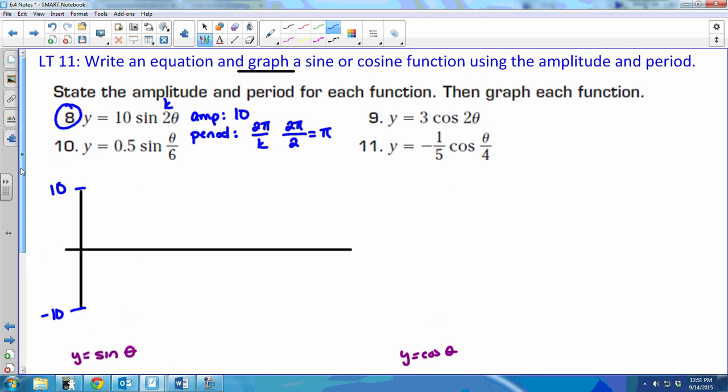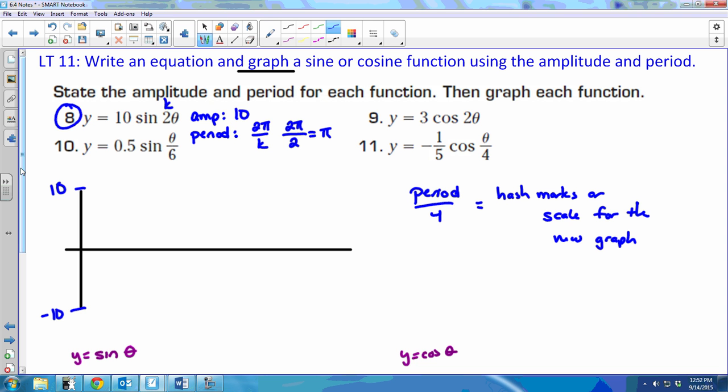So if you take the period and divide by 4 each time, every single time, you will always get the hash marks or the scale for the new graph. That will include the maximum, minimums, and x-intercepts every time. Like I'm guaranteeing you to be successful. Okay?